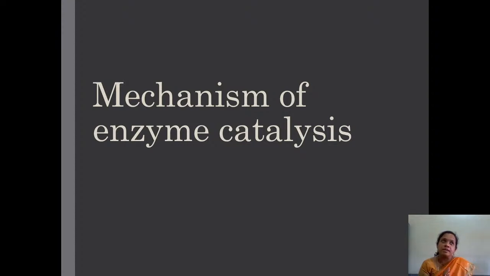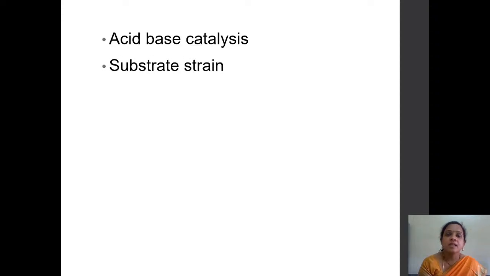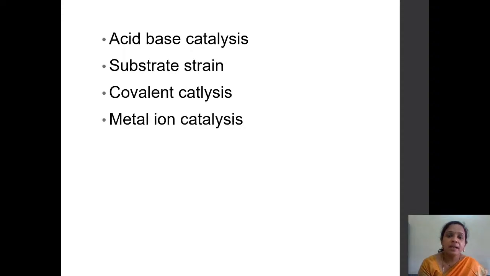Now a few theories have been proposed to understand the mechanism of enzyme catalysis. These are acid-base catalysis, substrate strain type of catalysis, covalent catalysis, and metal ion catalysis. So these are the different methods. One enzyme will use any one of these methods.